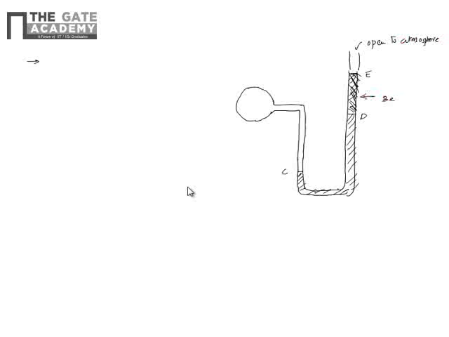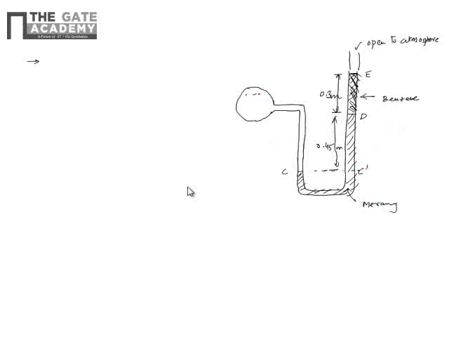Okay, so this is benzene and this distance is 0.3 meters, and the vertical distance between C and D is 0.45 meters. All these are in meters, and this liquid is mercury, C dash.